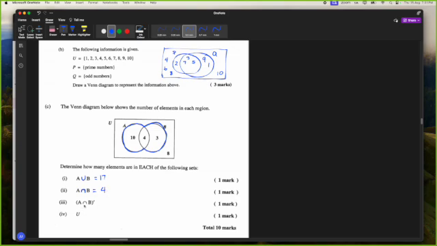You have (A intersect B) complement. So check this out. This is A intersect B. And I want the complement, which is everything outside of that. Everything outside. So that would be the 10 plus the 3 plus the 8.